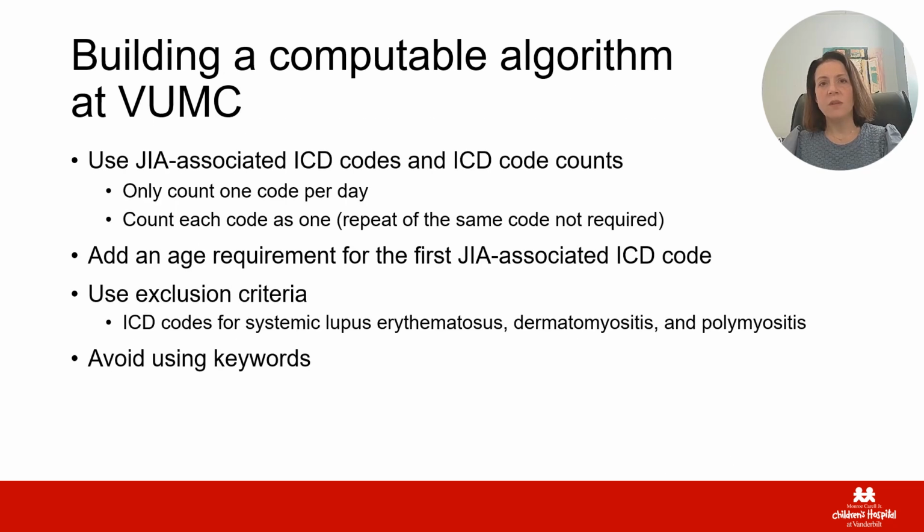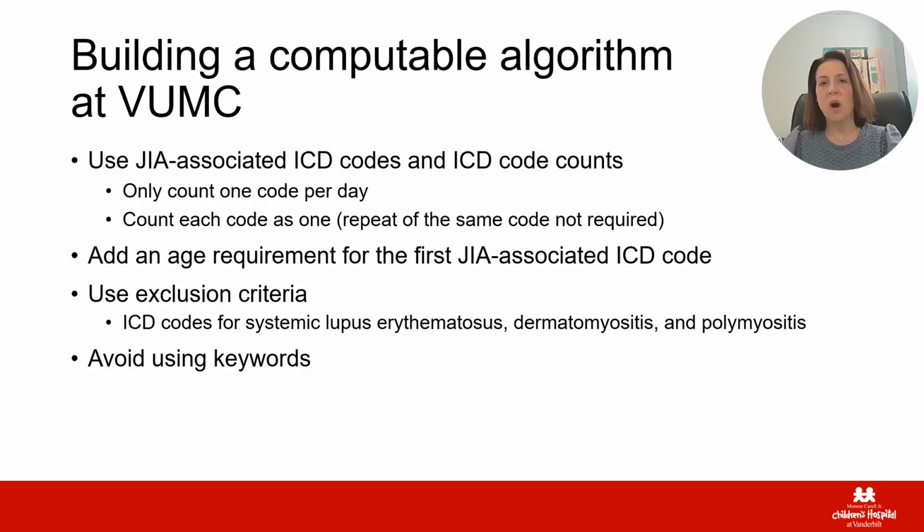So we sought to build a computable algorithm at VUMC so that we could take our algorithm and also apply it at other institutes. We decided to use JIA-associated ICD codes and ICD code counts. We modified the algorithm so that we only counted 1 code per day, and we also counted each code as 1, meaning that we didn't require the same code to be repeated of all those different codes you just saw.